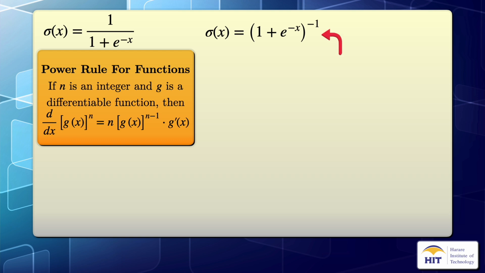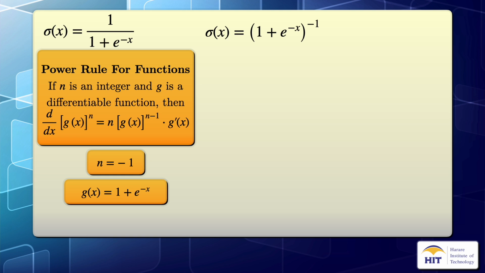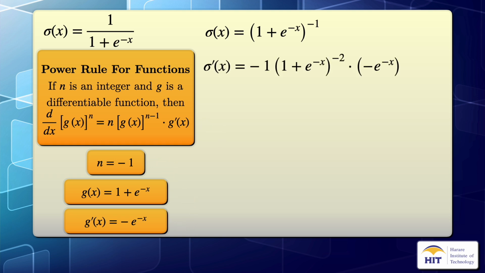Looking at this function and comparing it with the formula, we see that our n is equal to -1 and our g(x) is equal to 1 + e^(-x). Differentiating this g(x), we get g prime(x) = -e^(-x). Now substitute these expressions into the formula, so that we obtain sigma prime = -1 multiplied by (1 + e^(-x))^(-2) multiplied by -e^(-x).